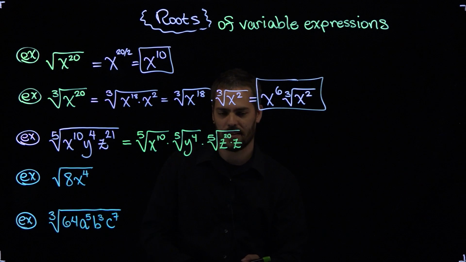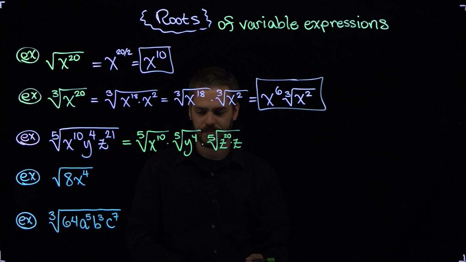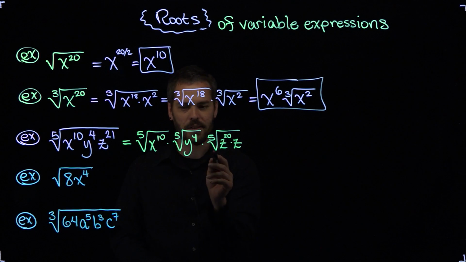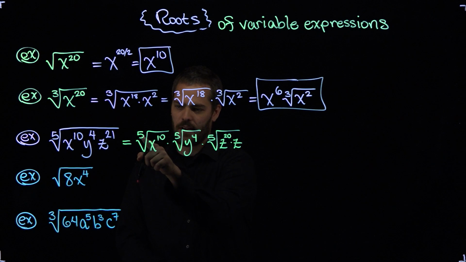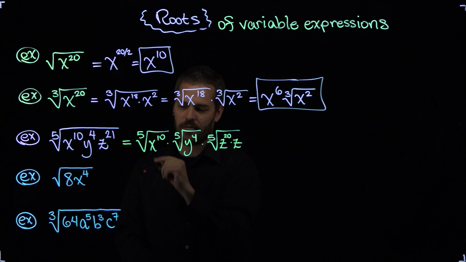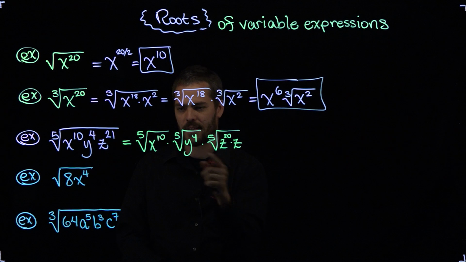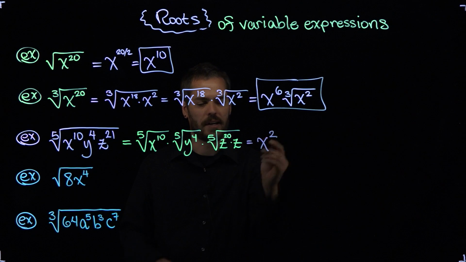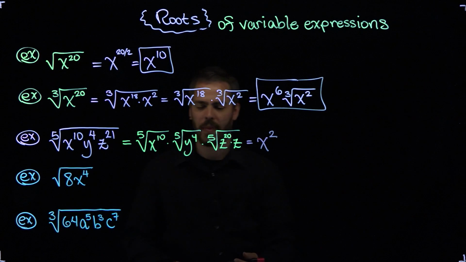That gives me my z to the 21st altogether. And for each of these, I can start evaluating. X to the 10th, 5th root of means I'm going to get x to the 10 divided by 5, which is x squared. I can evaluate that root right away.